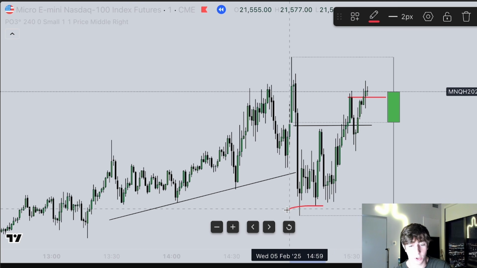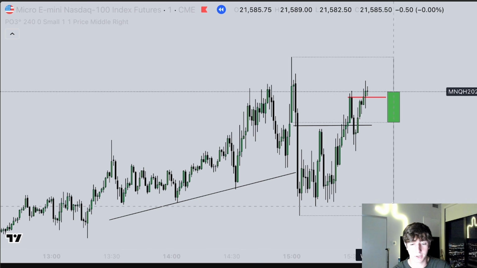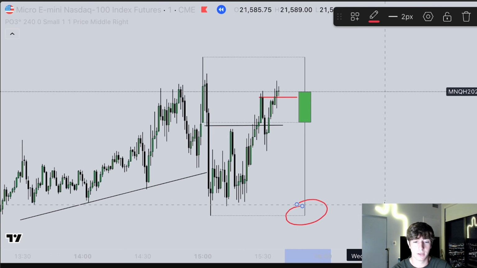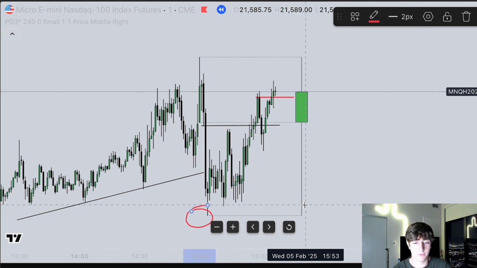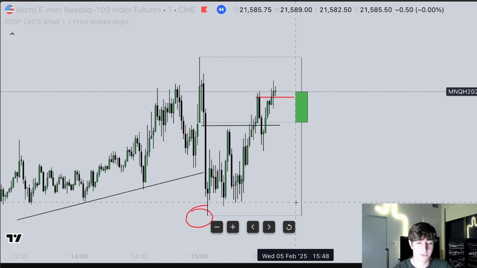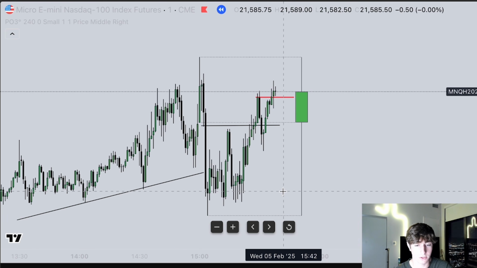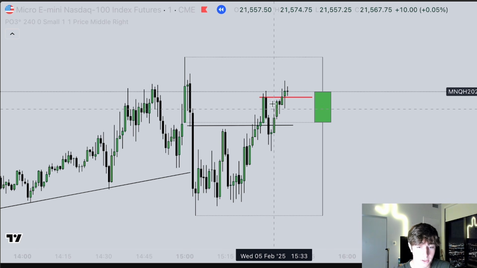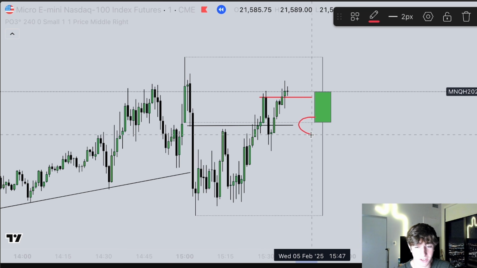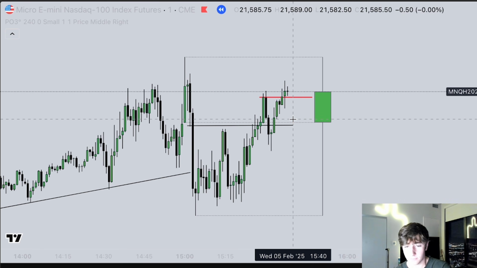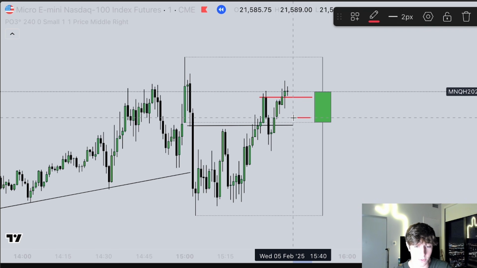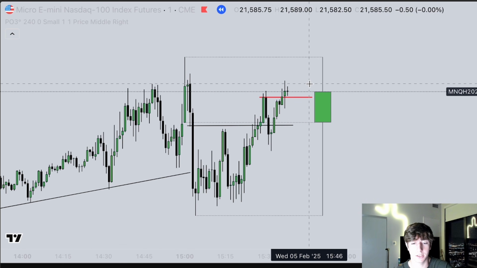Our manipulation put in the low of the 4-hour candle. That's something that's super important to make sure you see. And also, we are trading well above the opening price, okay? That likely means the open low has been put in, and we're going to continue higher.